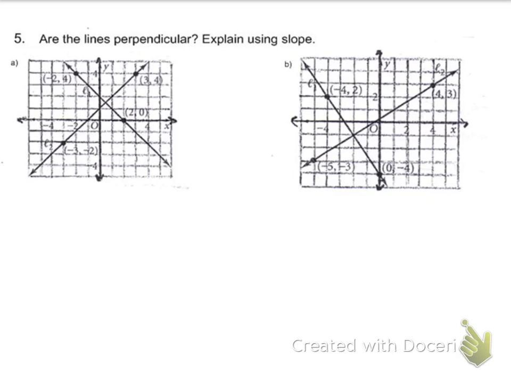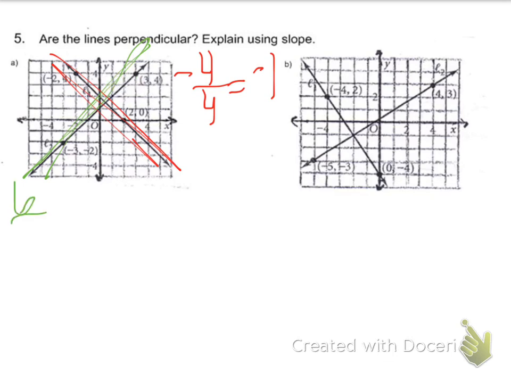So let's look here. Are these lines perpendicular? Explain using slope. So we're going to start with this line right here. I go down 1, 2, 3, 4, over 1, 2, 3, 4. So here my slope is -4/4, which equals -1. For this line, I'm starting here. Down 1, 2, 3, 4, 5, 6, over 1, 2, 3, 4, 5, 6.